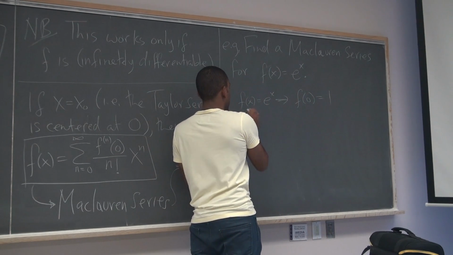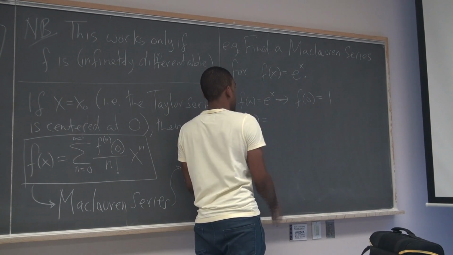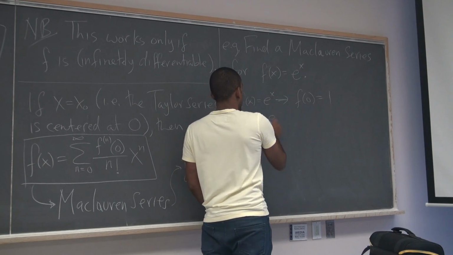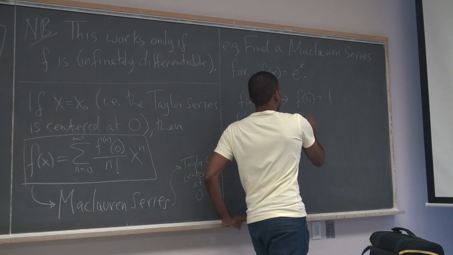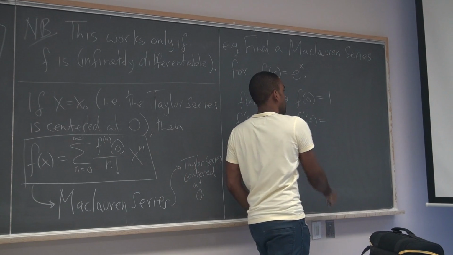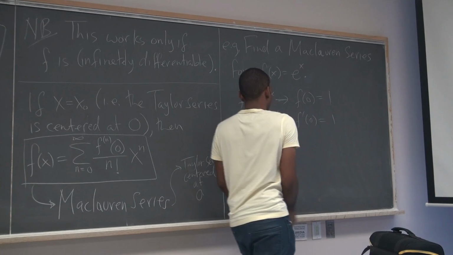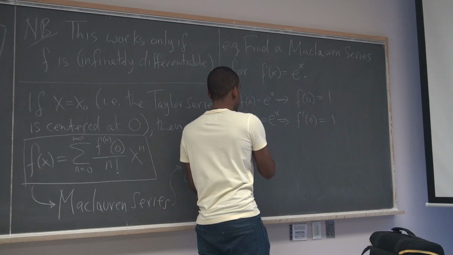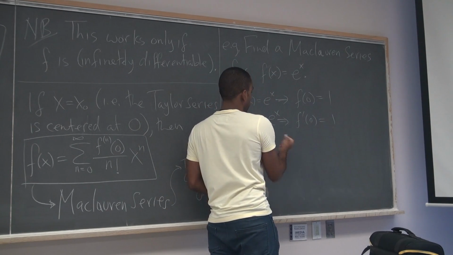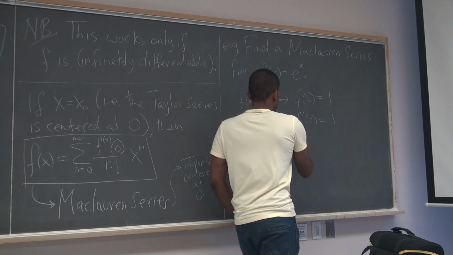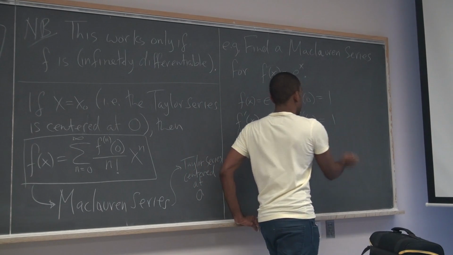How about the derivative? What's that? E to the x. Which means that f prime of 0 is 1. The second derivative of x is e to the x, which means that the second derivative at 0 is 1.